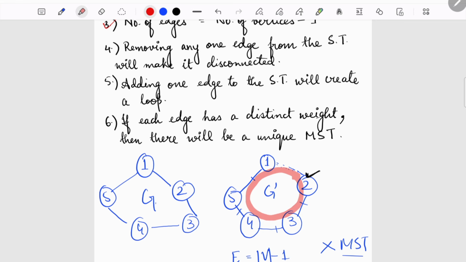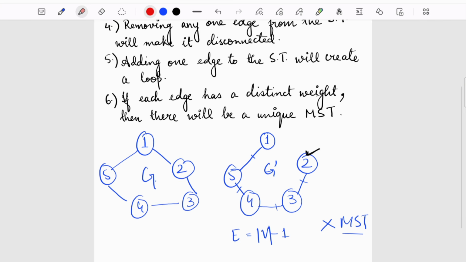Now if you add this particular edge, then this much is my loop. So once you have formed a spanning tree, adding any one edge creates a loop in the spanning tree.